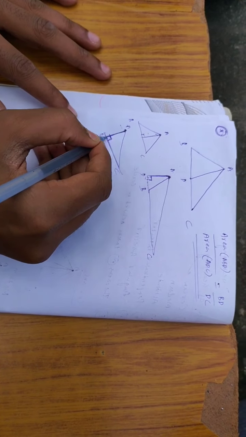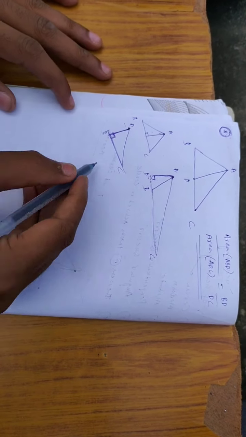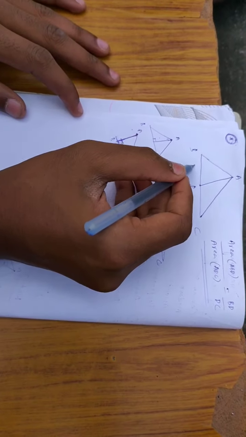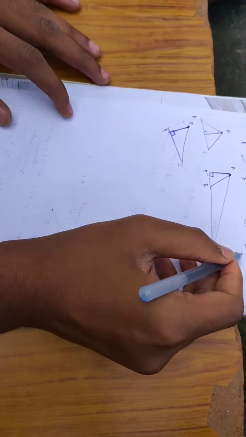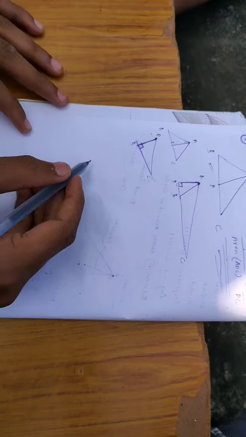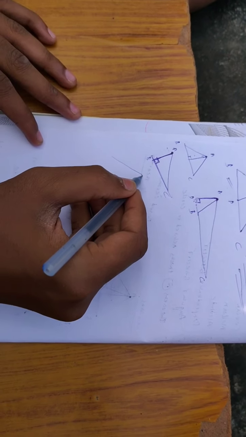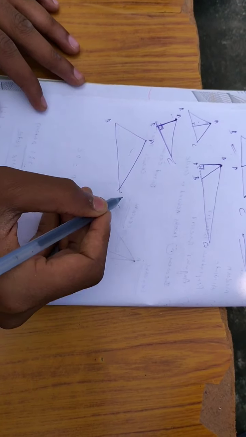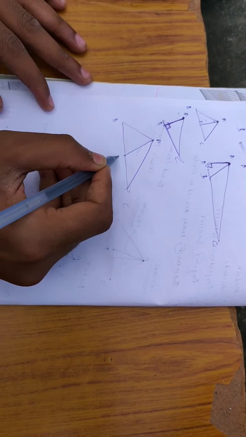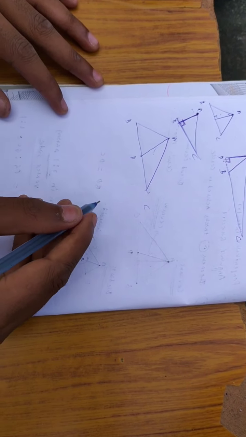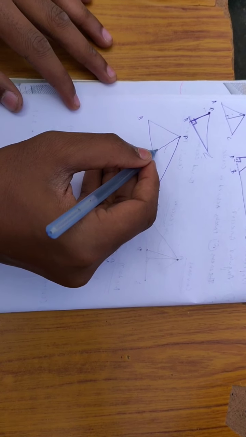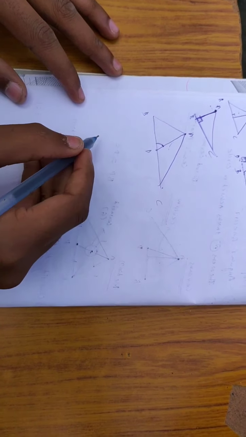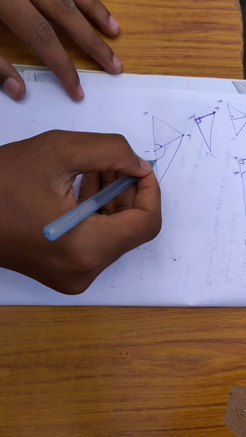Now coming to this particular theorem, let us discuss ABC and AD. If one angle is acute, then the other will definitely be obtuse.